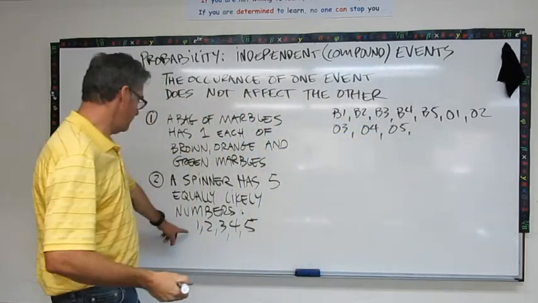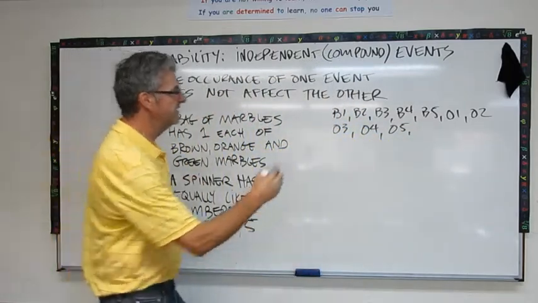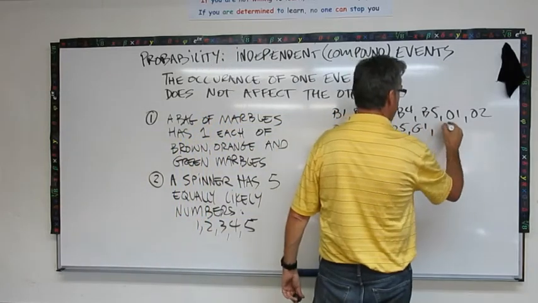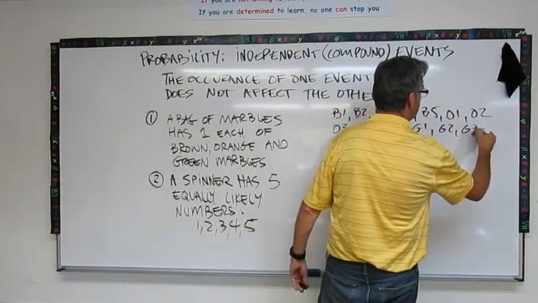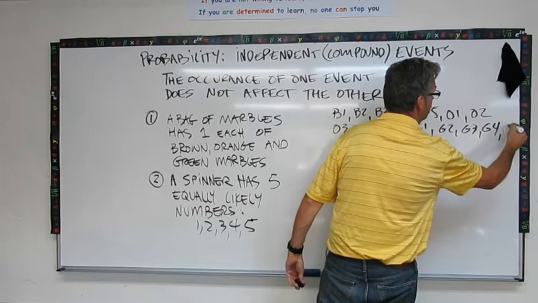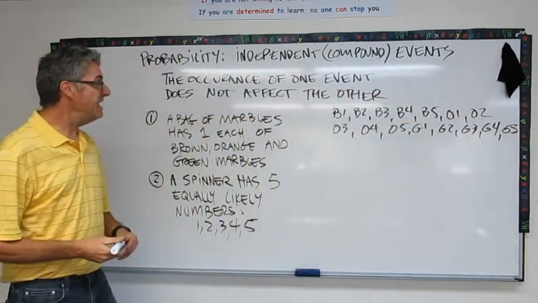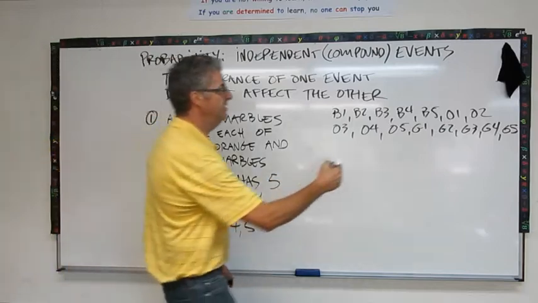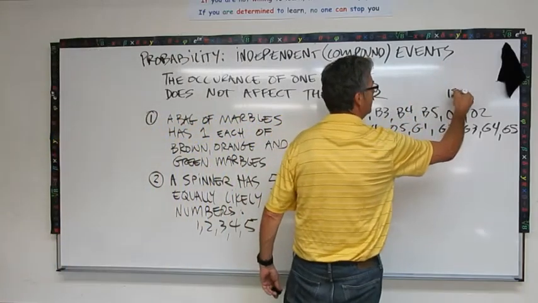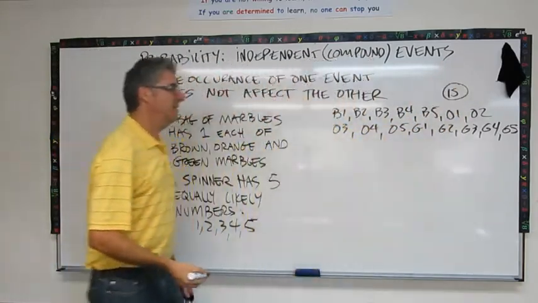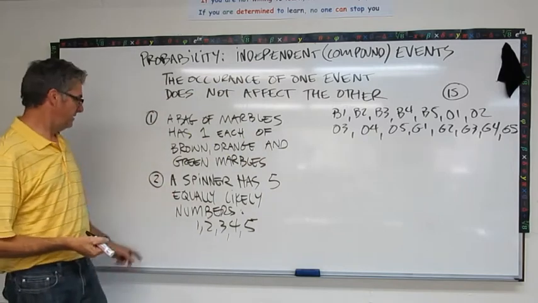And then finally, green 1, green 2, green 3, green 4, green 5. So how many outcomes is that? 15. Let's write that down over here so we can keep track. Okay, so there's our list.